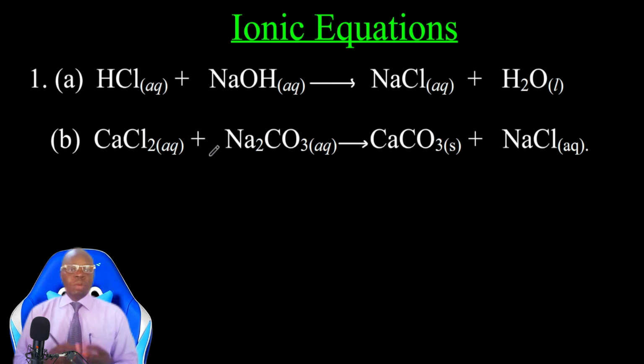So these will break down into their individual component ions, which will form the cations and anions. Cations are the positive ions, meanwhile an anion is a negative ion. The combination of these will make it easy to write the ionic equation.